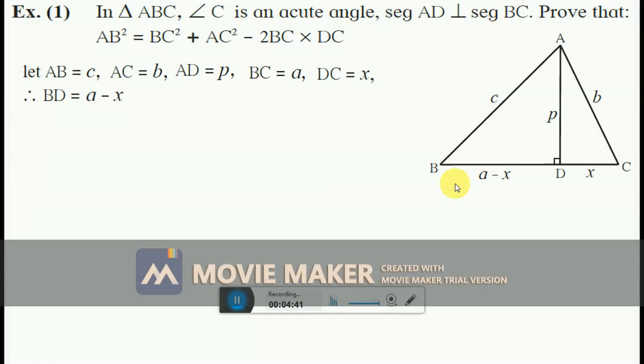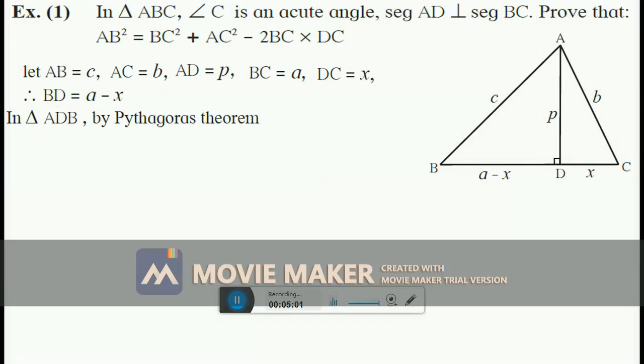Therefore, BD equals a minus x. It is because BC is a and DC is x, and DC lies on BC. Therefore, BD equals a minus x.